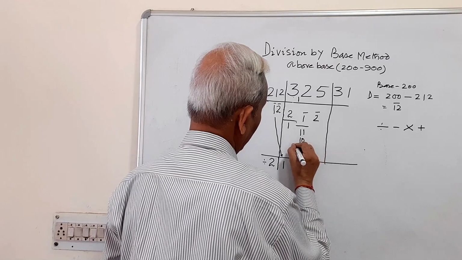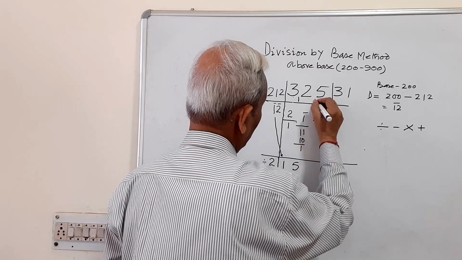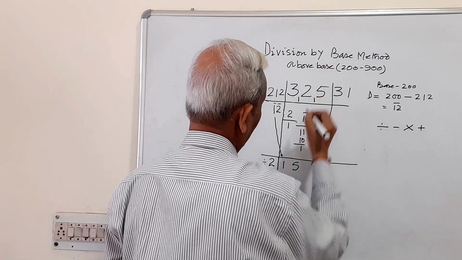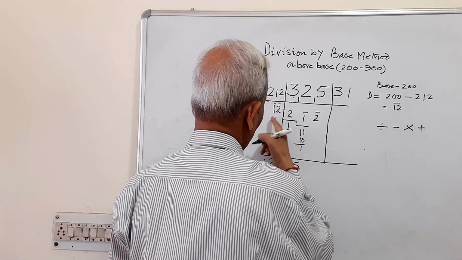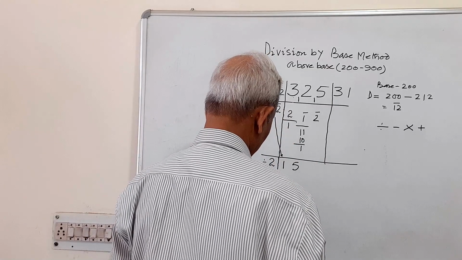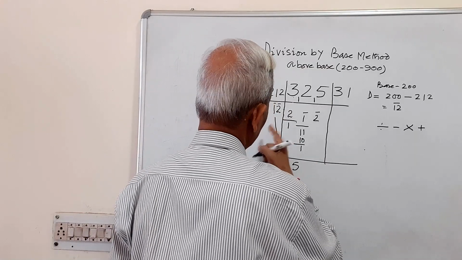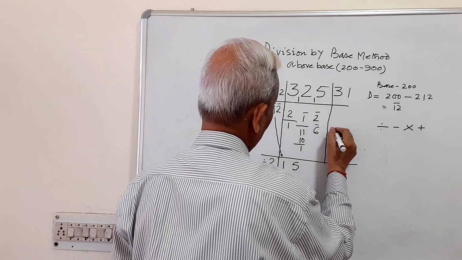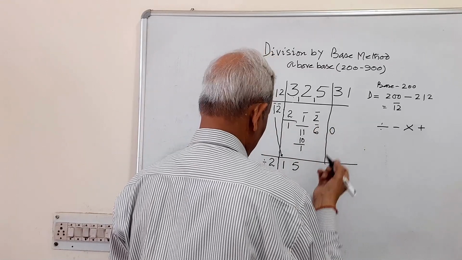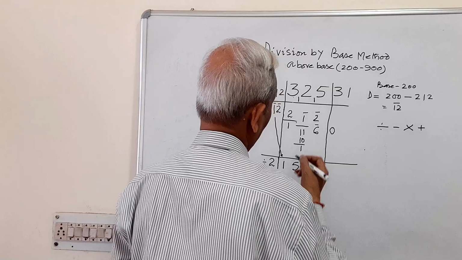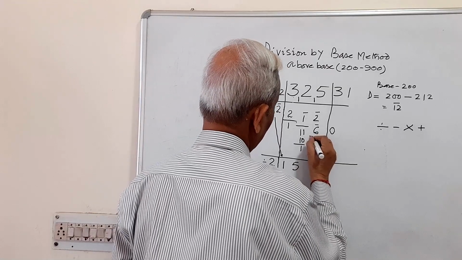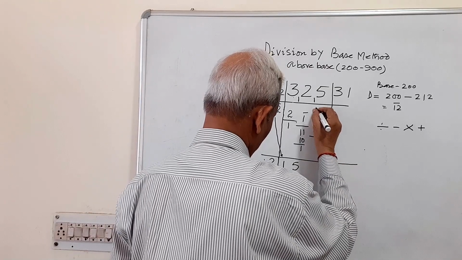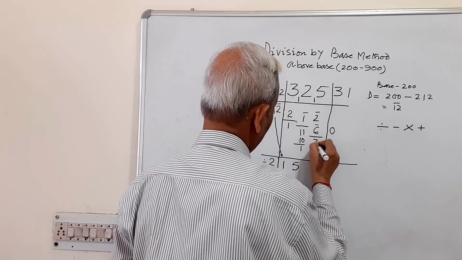Now divide and minus, it becomes 1, so put this 1 here. Now this 5 into 12 bar is what? 60. So 6 bar and 0 bar, 0 doesn't matter. So here it comes 6 plus 2, 8 minus 1, which is 7.